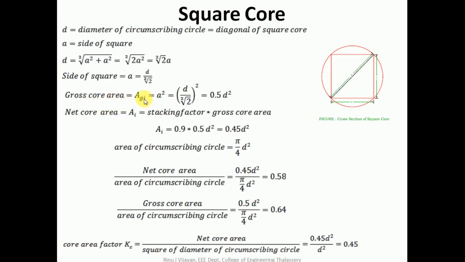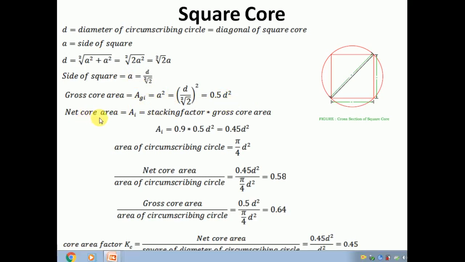It is indicated as Agi. This can be easily calculated by finding the area of the square, that is a square. Now you have to make the substitution of a from here. Then you will get the value of gross core area as 0.5 d square. Next we are going to find the net core area.